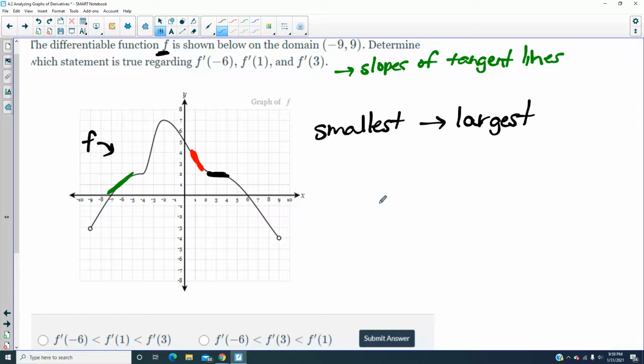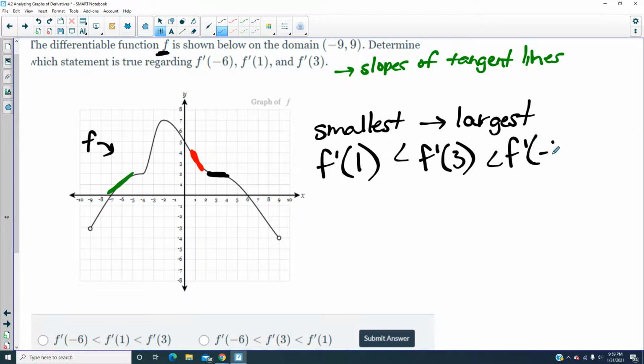So f prime of 1 is the smallest because it's negative, and then this 0 slope, or 0 tangent line, would be f prime of 3, and then the greatest slope would be f prime of -6. So you have a couple where you do have to compare the slopes of the tangent lines at each point.